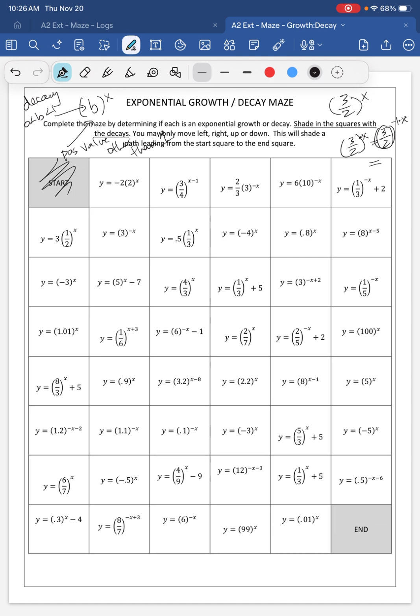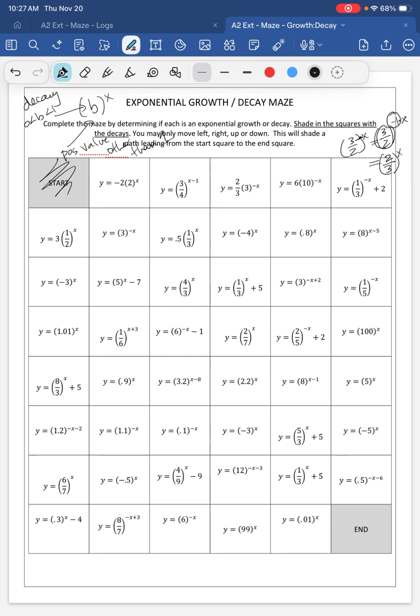So you're going to turn that base into a fraction and flip it. So if I were applying, this doesn't apply to this one, that's different. But if I were applying the negative x power here, I would just take the negative 1 part out. Think of it as negative 1 times x. I would take that negative 1 and just use that to flip it. Then I'd have 2/3 to the x, okay? And that would be an example. I'd look at this and I'd say, is that base between 0 and 1? Yes, being raised to the x power, so that would be an example of decay.